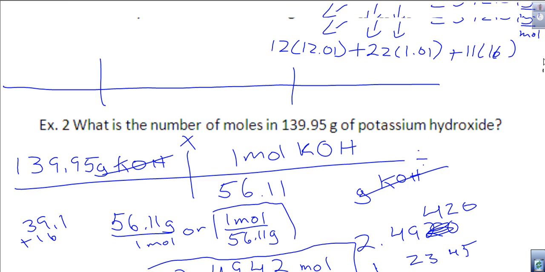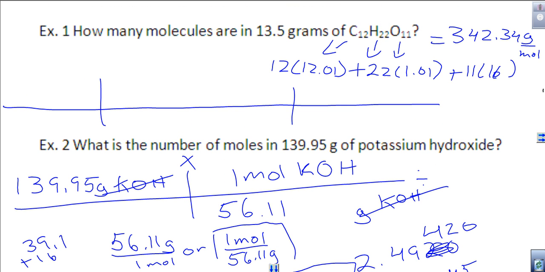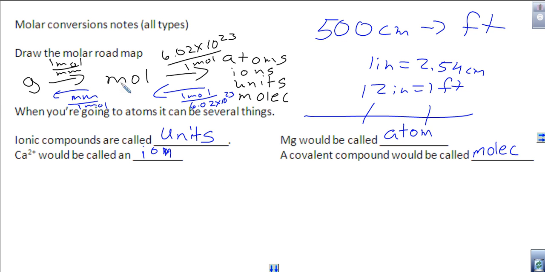Okay, so up on top, whenever you have one of these problems, you're always going to put what you're given in the problem, in this case 13.5 grams C12H22O11, on the upper left-hand corner. Now I need to go from grams to where, according to my molar roadmap? Grams to moles.